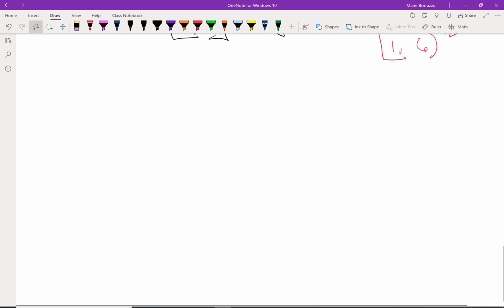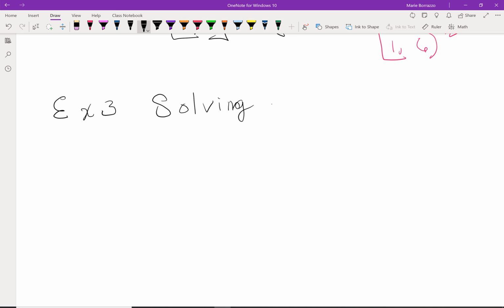I'm going to do example 3 next. Example 3. We are going to solve, so basically solving a linear inequality.